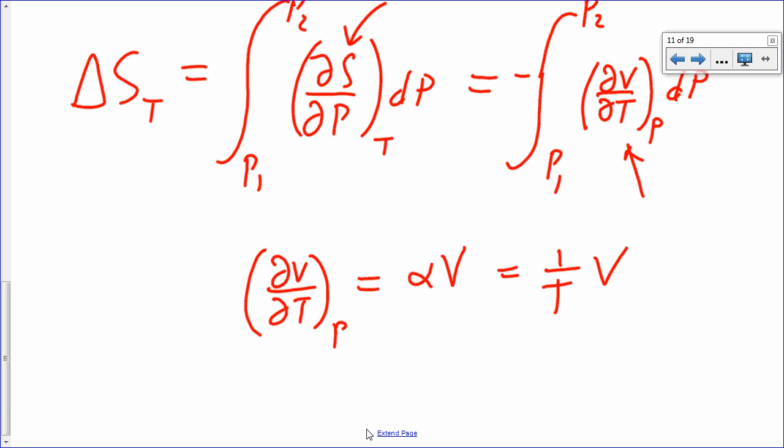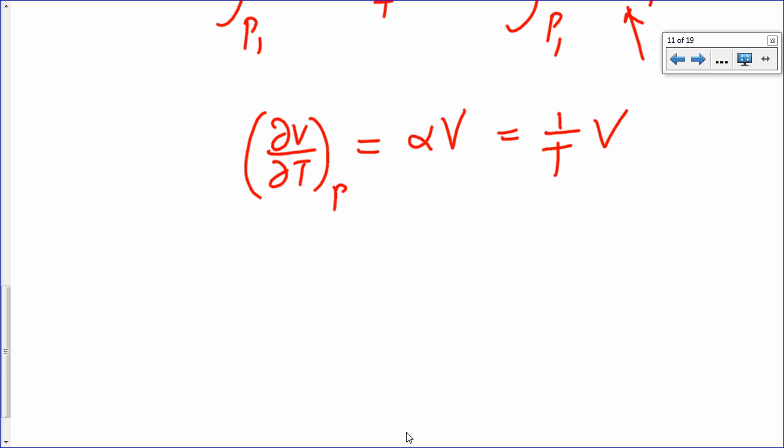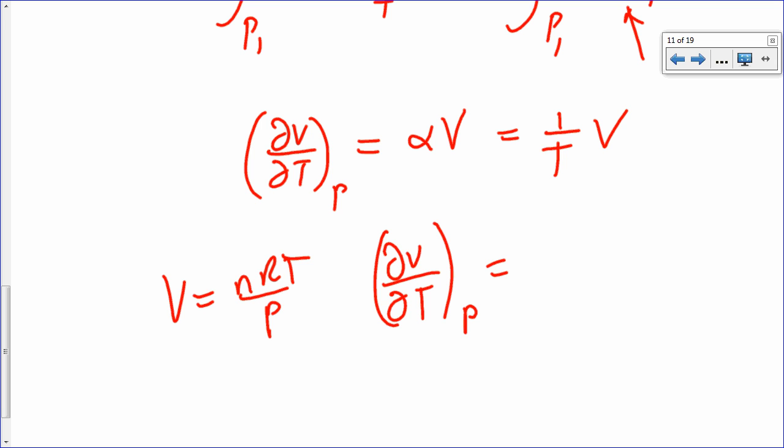Or if you want to go back to the basics, you can say V equals nRT over P, right? So what's partial of V with respect to T at constant pressure? It's just nR over P, right? Which is V over T, right?